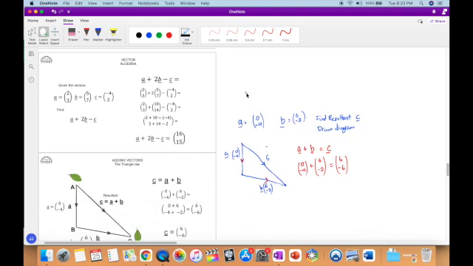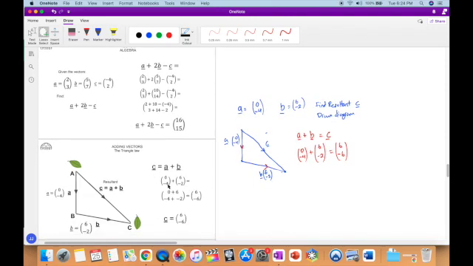Then we were speaking about vector algebra, and vector algebra is just adding the x's and adding the y's and essentially doing a scalar multiplication if necessary, right? Now this is what Csec was asking about. What is the difference between vector algebra and the triangle law?